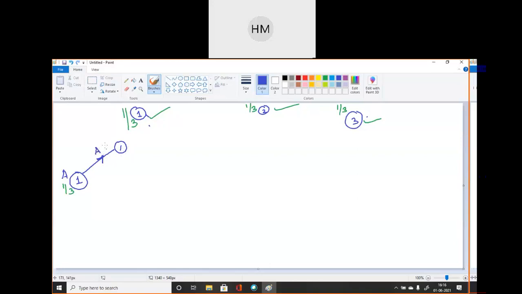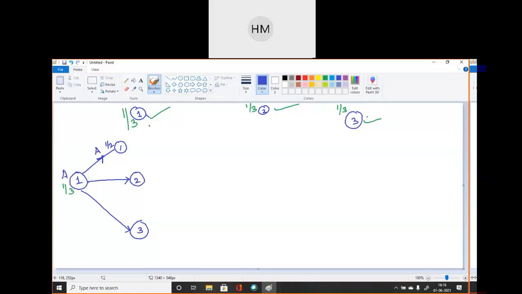Yes, and its probability is half. You can see the diagram. Then I am moving from node 1 to node 2, and then from node 1 to node 3.